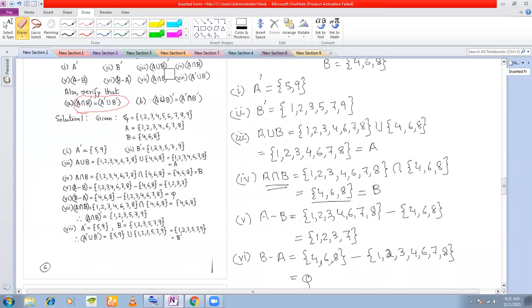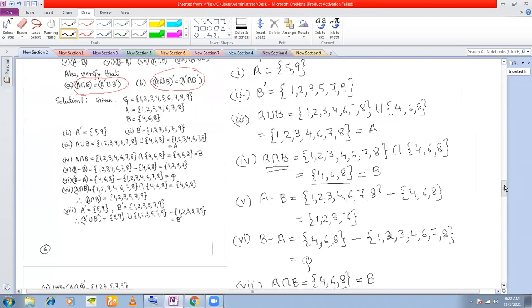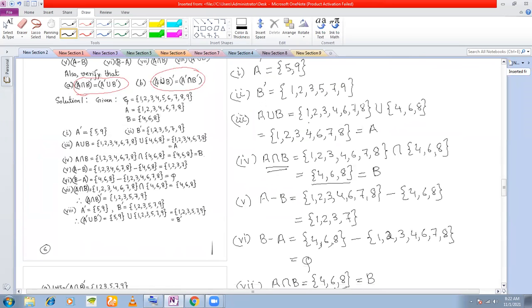Next is part B. You have to verify that A union B complement is equal to A complement intersection B complement. Left hand side is A union B complement. Have we found A union B complement? No, we have not, so let's first find it and then write LHS.